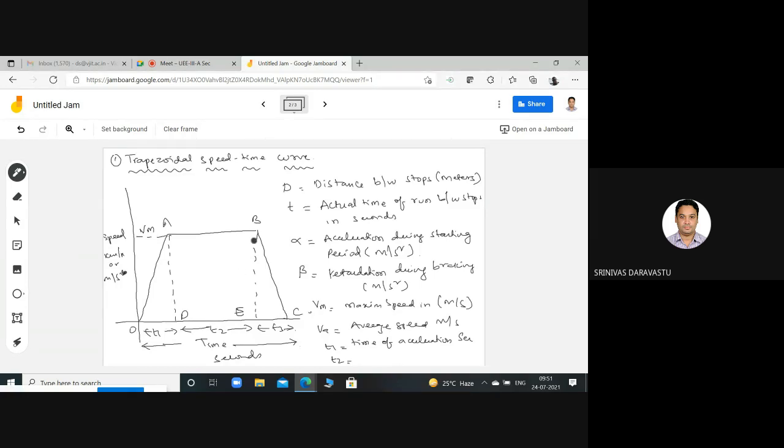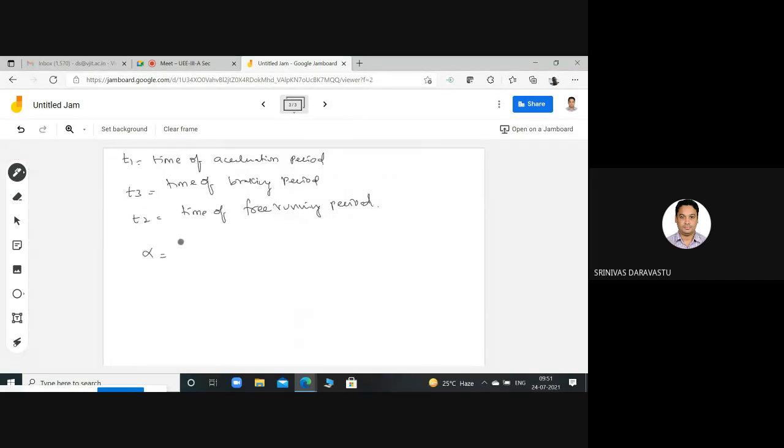Similarly, beta equals Vm by T3. So alpha equals Vm by T1, or we can write T1 equals Vm by alpha. Now beta equals Vm by T3, or we can write T3 equals Vm by beta.